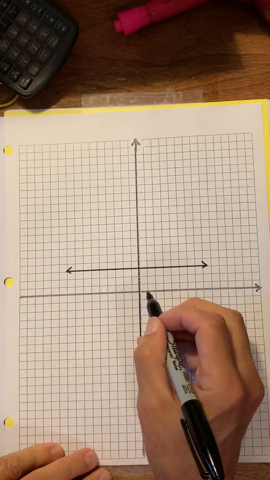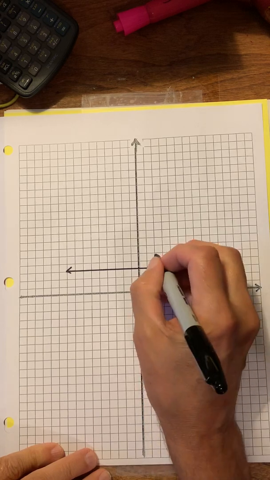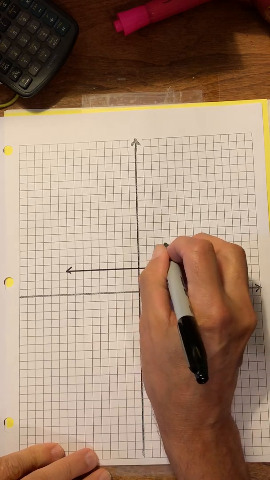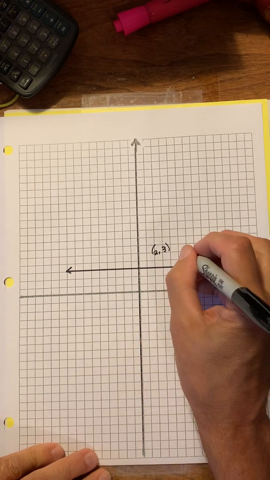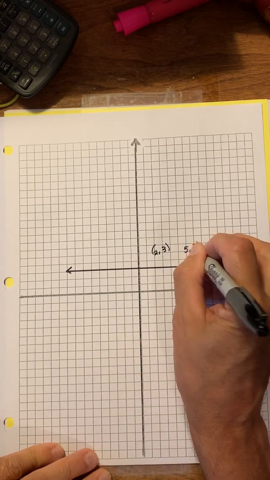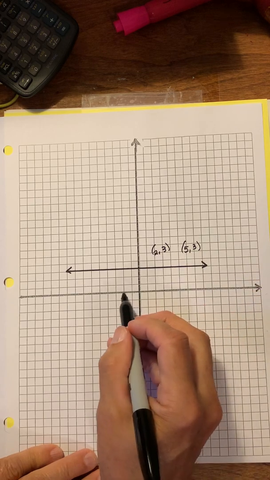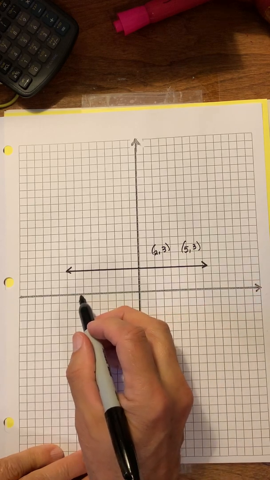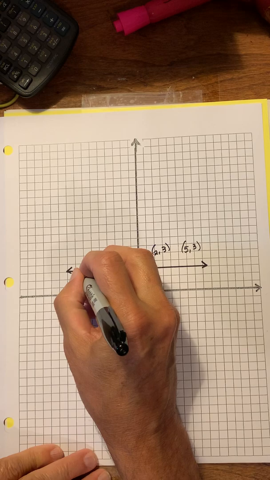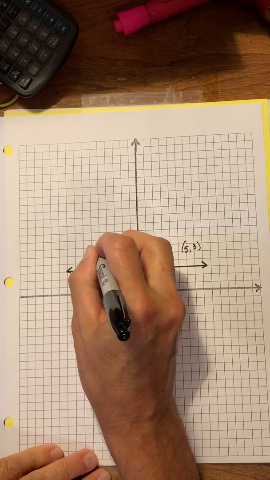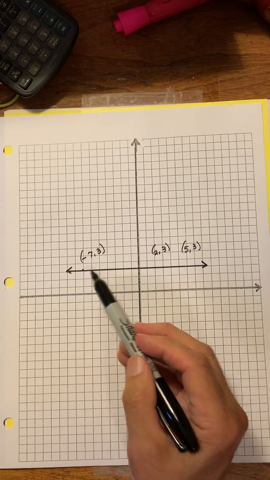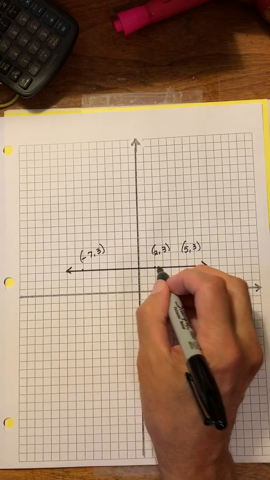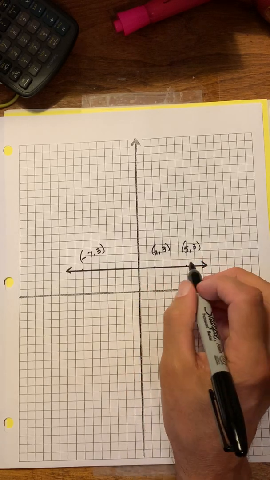All right, let's see. (2, 3) is on that line. (5, 3) is on that line. (-7, 3) is on that line. Look at there. I've got 3 exemplary points on this line.